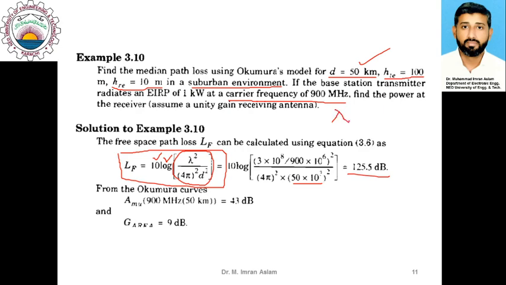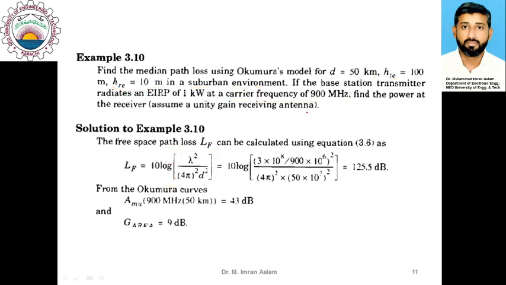We know that lambda is equal to the speed of light divided by frequency, c upon f. C is 3 into 10 raised to power 8 and f is 900 into 10 raised to power 6, whole squared. If you simplify this entire thing, you will see that the result is 125.5 decibels. So this is the path loss that occurs when you are considering free space propagation only.